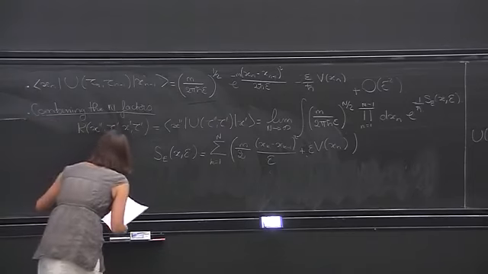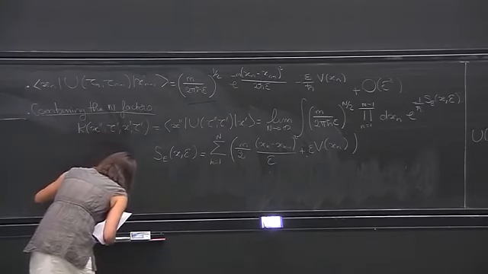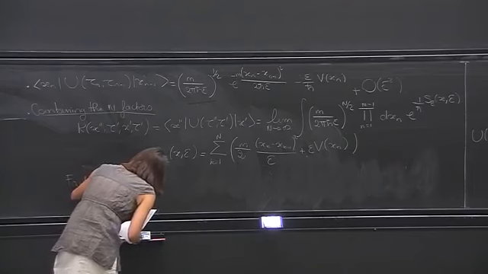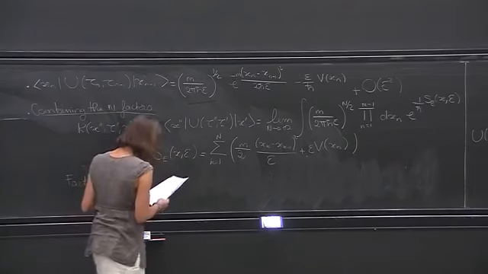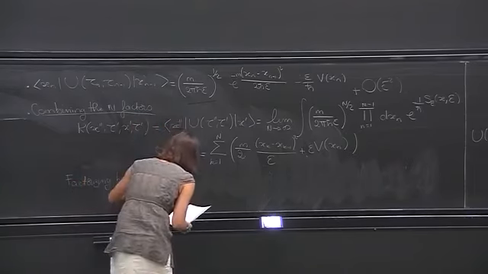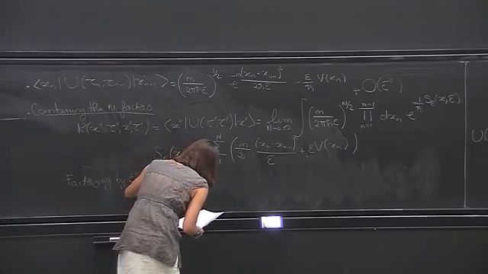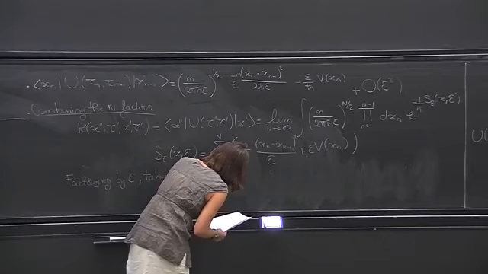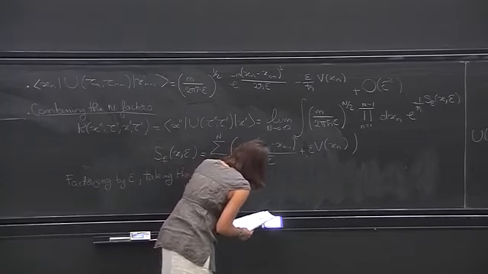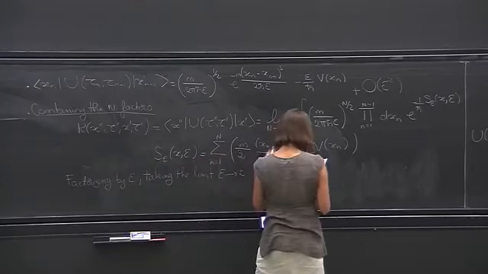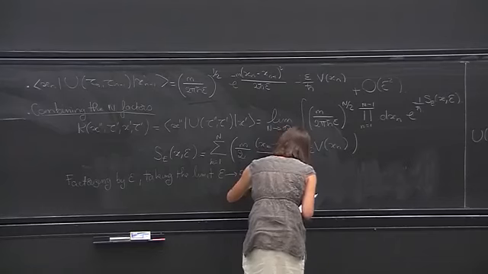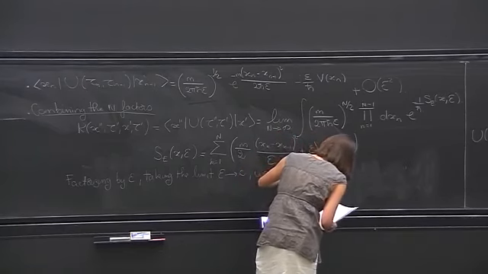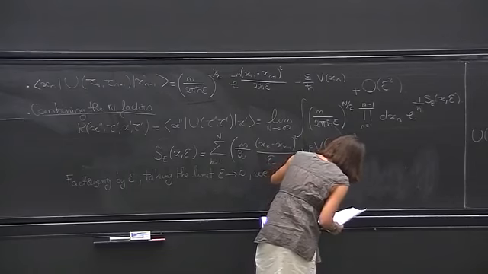Okay, so now, factorizing by epsilon, and then taking the limit epsilon goes to 0, we get really now what we call the Euclidean action. Okay, so before it was more a kind of discrete version.